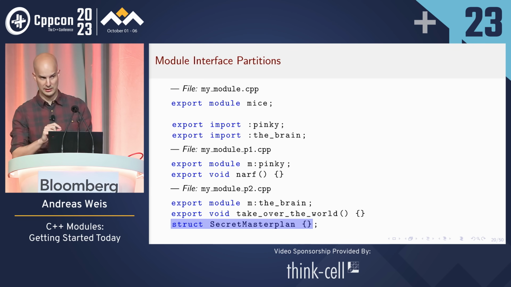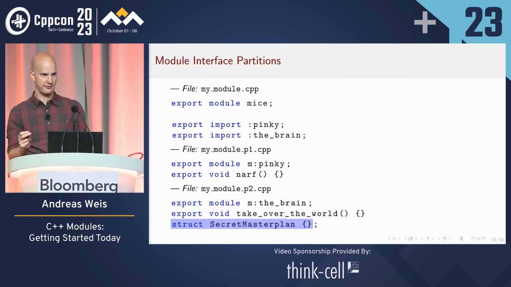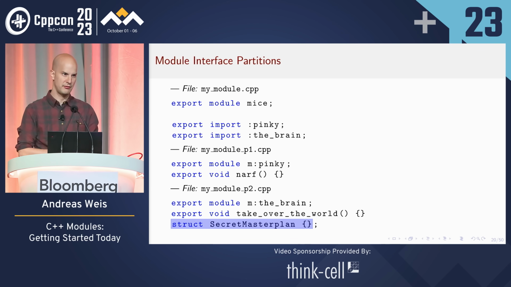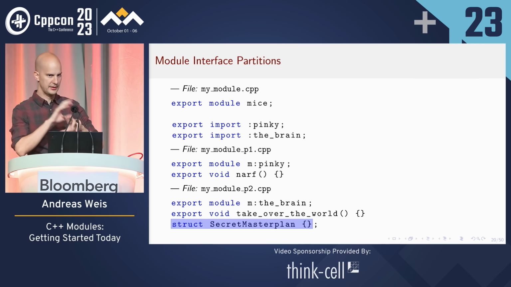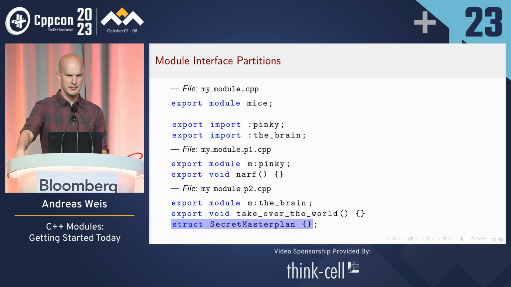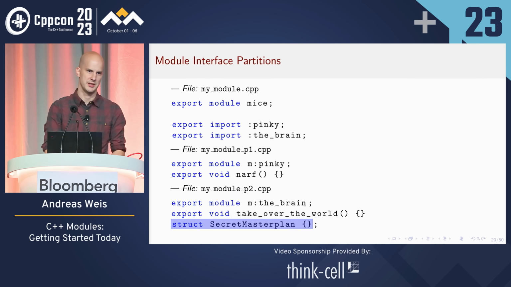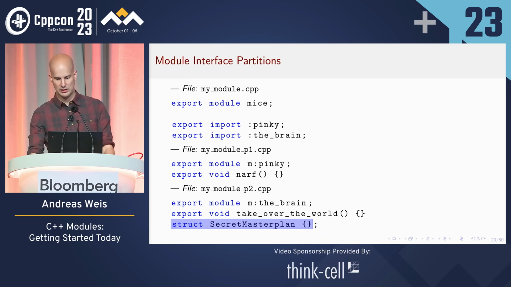So you can have those two declarations, but if they don't match, if they actually declare different types, then the compiler needs to catch this. Clang already implements this. It's pretty cool. You get a nice error message that tells you where the two types differ. In MSVC, this is currently not implemented. If you build this in MSVC, it just picks one depending on the order of the import statements. But that will probably be fixed before long.